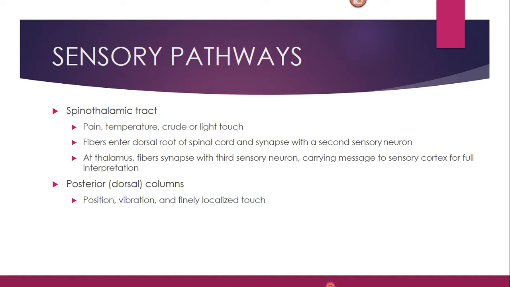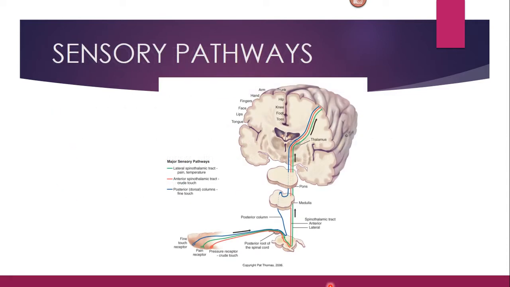This monitors conscious sensation, along with internal organ functions, body position, and of course reflexes. And then in the posterior columns, we're able to sense our body position, vibrations, and finally localize touch. Okay, and then these are the pathways.